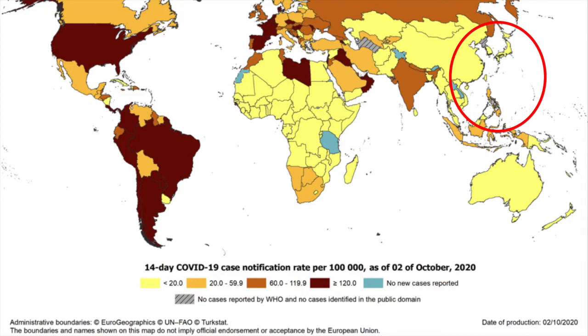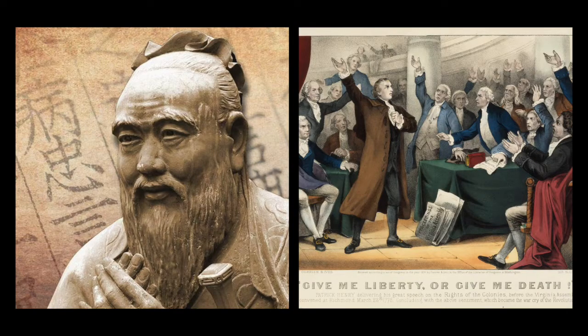Though all experienced early outbreaks, all were relatively successful in quickly containing the disease and limiting infection and death.